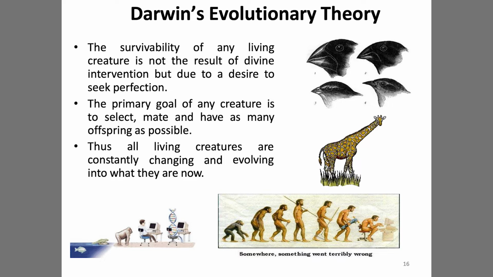So it means that according to Darwin's theory, all living creatures are constantly changing and evolving into what they are now. That means whatever possible values we have randomly generated, they should be evolved.